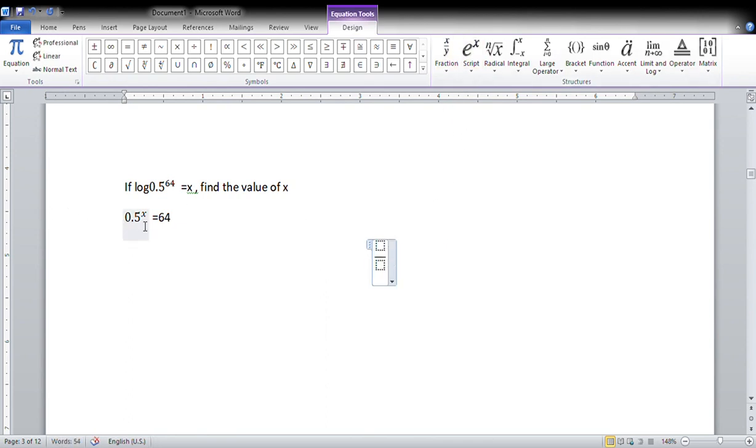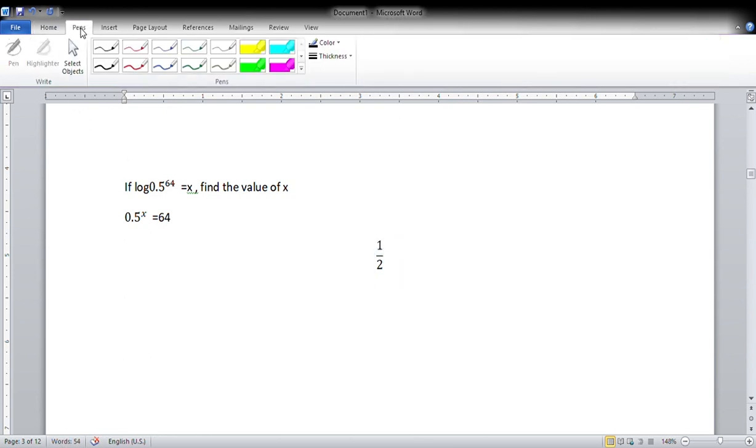So simply we can write it as 1 divided by 2, to the power x. Just a minute, I made a mistake there, I don't know why that is coming. You can write it as a to the power x.